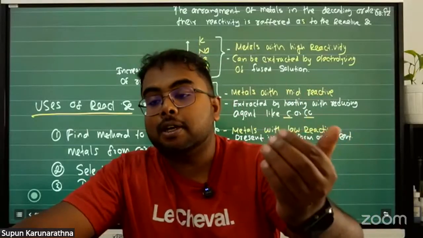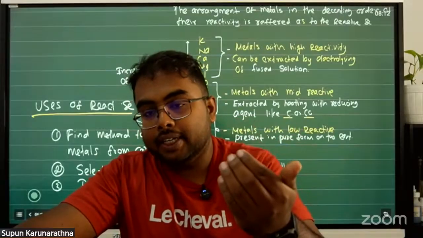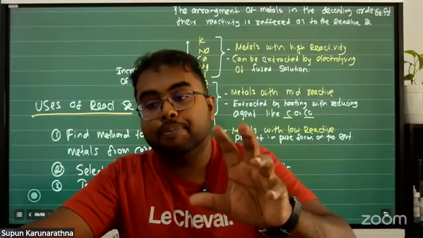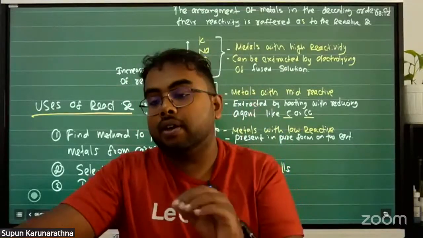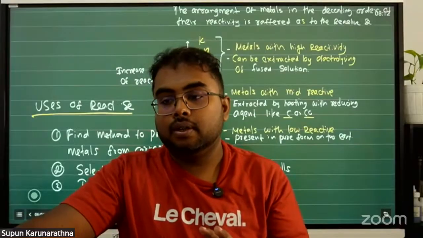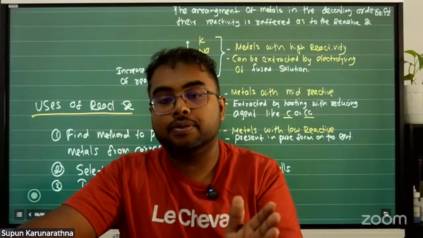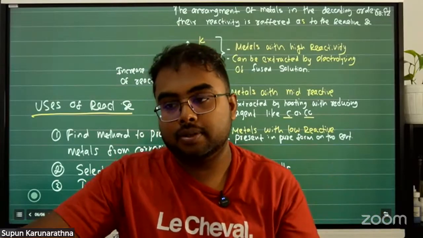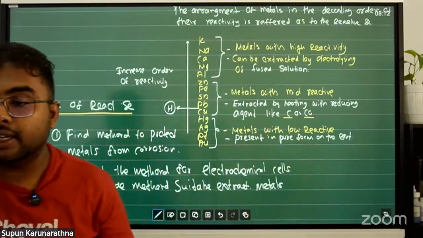In that situation it is in a pure form, only that given substance. That's why we call it a fused state, not a solution. If it is added to water, we call it an aqueous solution. Here is the difference. Did you understand?